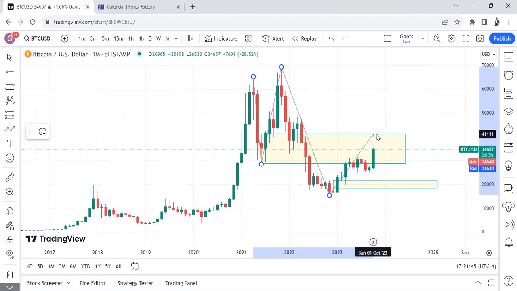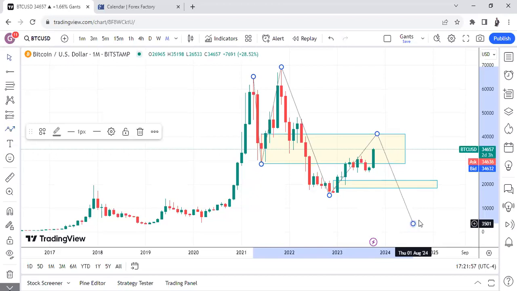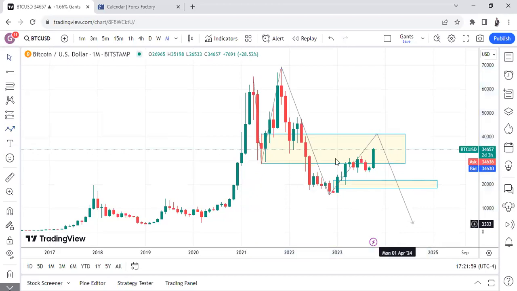So it will be something like this. When it comes lower, this will be swept and then ultimately here. That's my prognostication, my expectation for Bitcoin. They rally up to this level and then give up the ghost and sell lower.